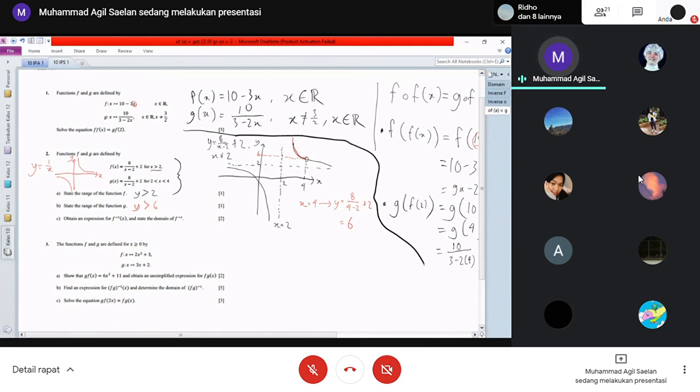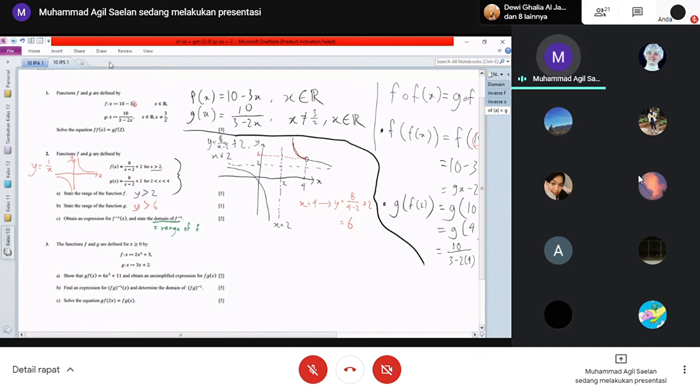So the domain of f inverse is actually the same as the range of f, and we know the range of f from part A of the question. So it's easy. But now we just need to obtain an expression for f inverse.